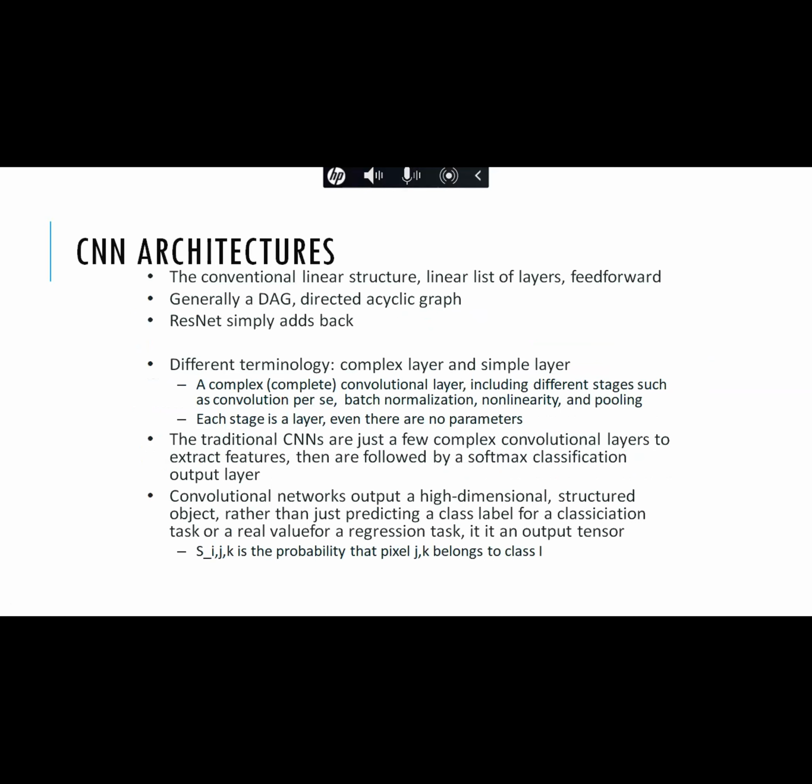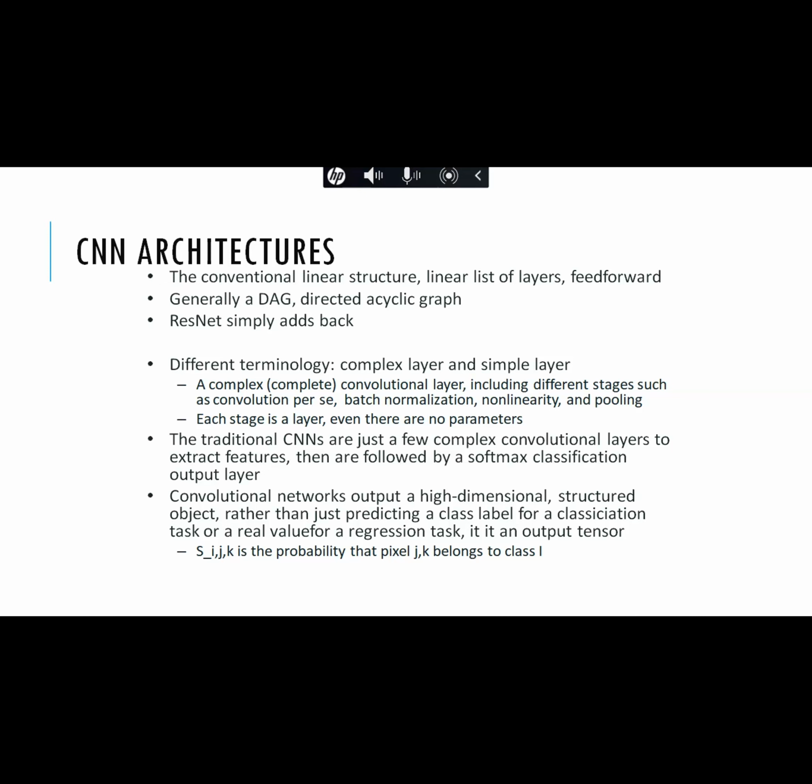The convolution layer and pooling layers are the main building blocks of a convolution neural network. The conventional structure, a linear list of layers or feed forward, generally uses a directed acyclic graph (DAG), and the residual network simply adds back. A traditional CNN has just a few convolutional layers to extract features followed by a classification output layer.